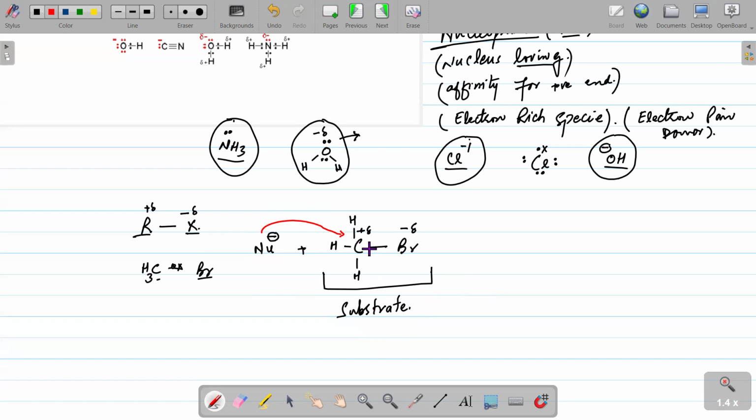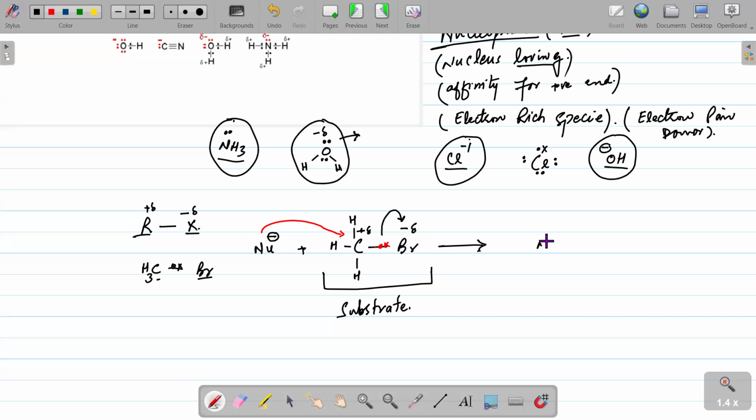Now we can see that carbon is already saturated, with four single bonds. So to accommodate this new bond, this pair of electrons, which is slightly away from carbon, shifts to the bromine atom. And what we observe is a substitution.